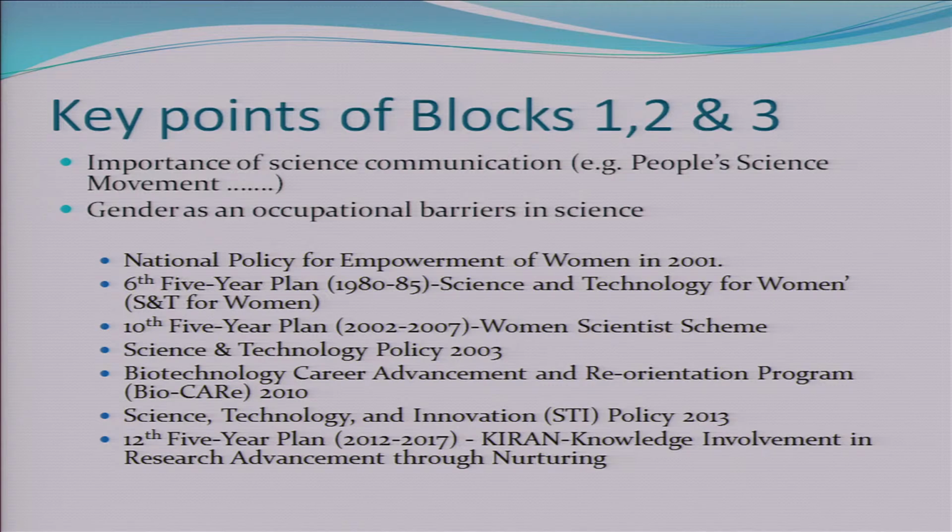Internationally and in our country also, that barrier exists in terms of women's role as a mother, or having a reproductive body. So how to balance work and life for women is a big question when it comes to occupational barriers in science. But how can we overcome this?